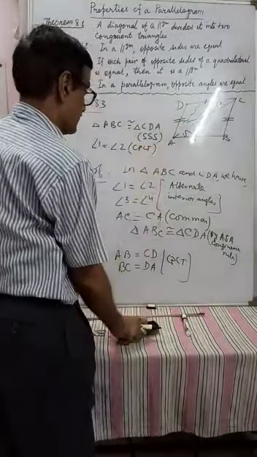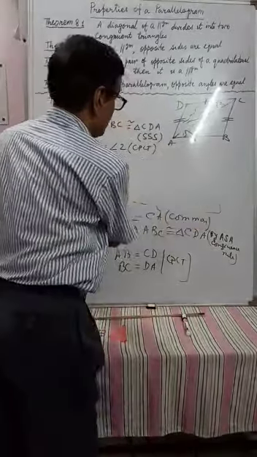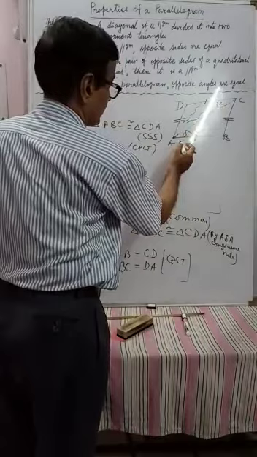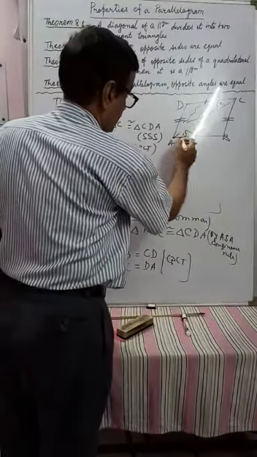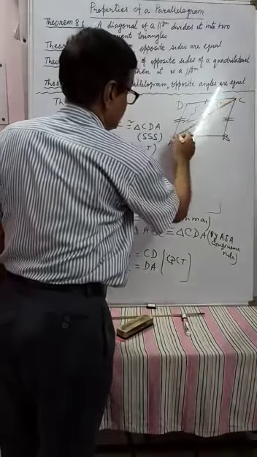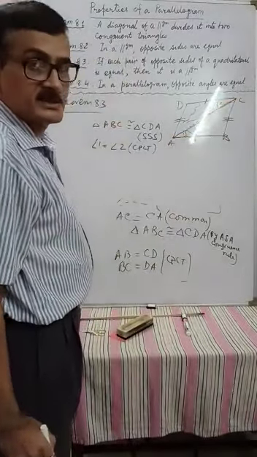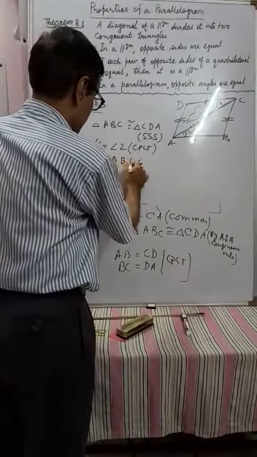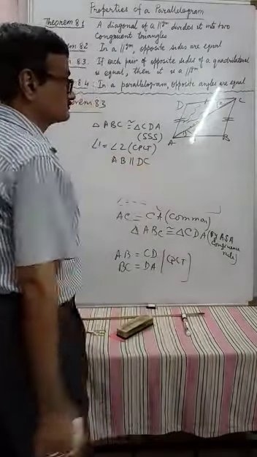But these are alternate interior angles and they are equal, and they are formed when AB and DC are intersected by this diagonal AC. So we can say therefore AB is parallel to DC.